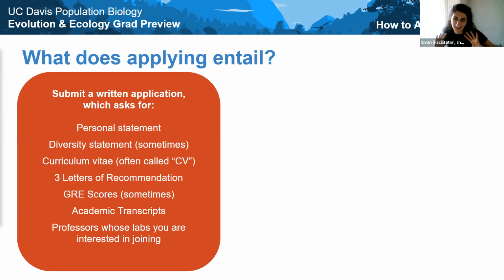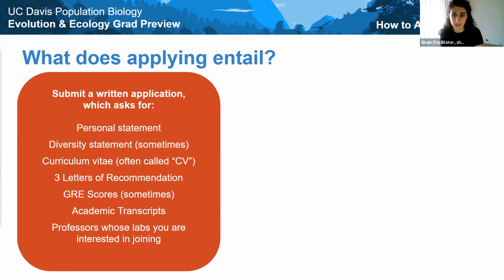So there's a written application. We're just giving you an overview now, and we're going to dive in deeper. So this is just so you know where we're going. Typically in December, you submit a written application, and the materials are a personal statement. Sometimes they ask for a diversity statement.